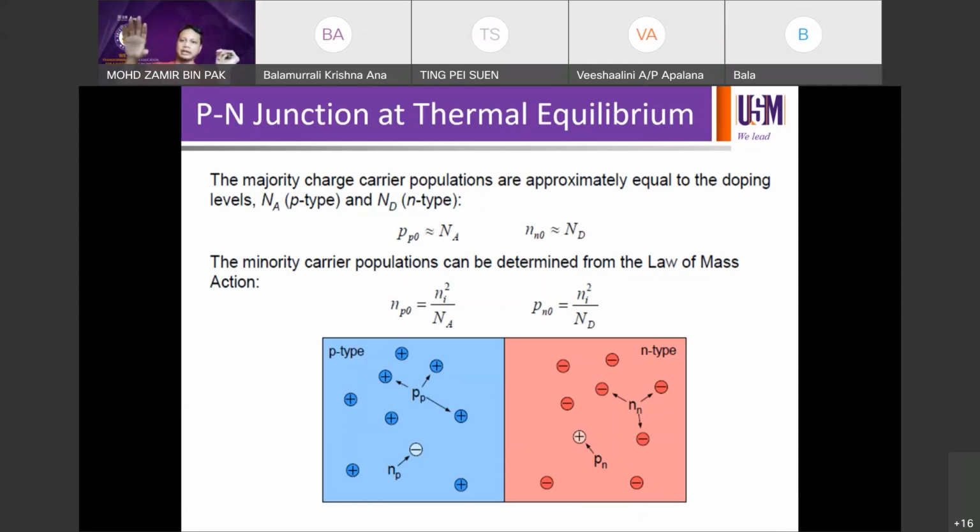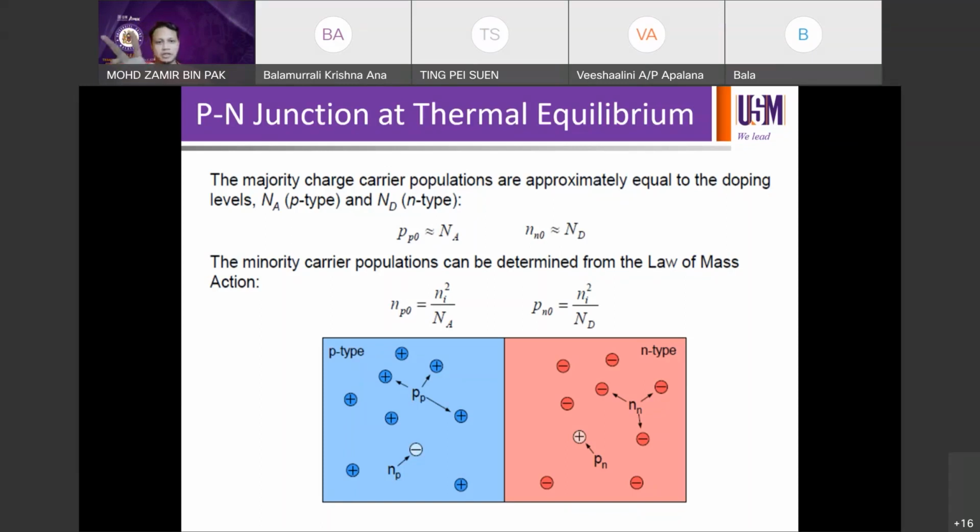And the same goes for n-type. The n-type doping level that you have can also be categorized as NN naught, the density of electrons in n-type material at thermal equilibrium, and that is approximately equal to ND, or NN naught equals ND. You have to bear this in mind and be clear about this, because we're going to do calculations on the inverse as well.